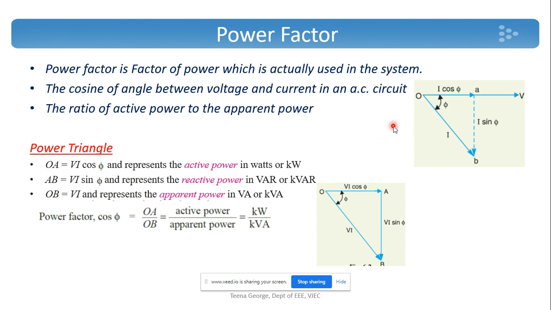So there is active power and reactive power in the system. Active power is the power which is actually dissipated in the system, or the power which can be converted into another form, electrical to mechanical or heat or some other form. And reactive power is the power dissipated in reactive elements like inductance and capacitance.